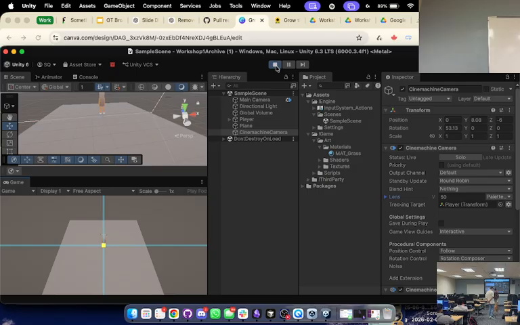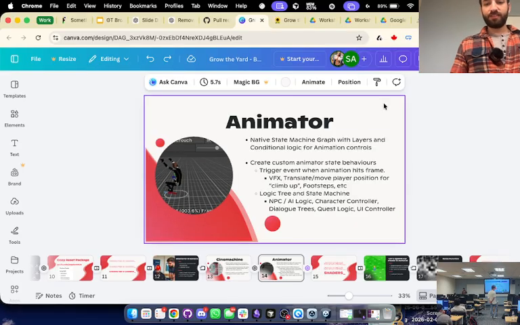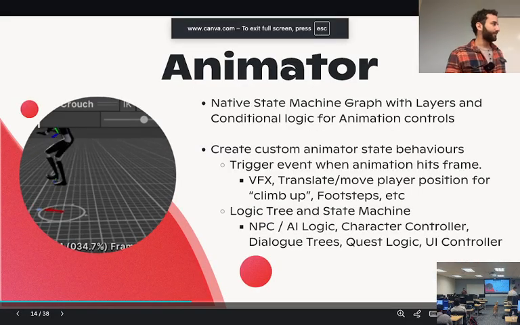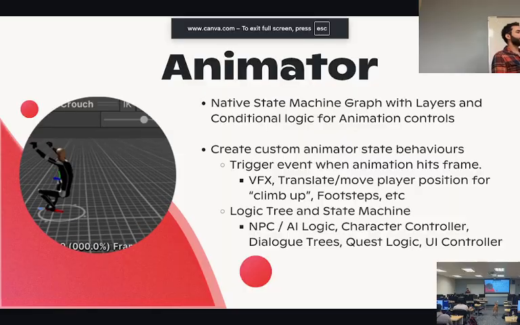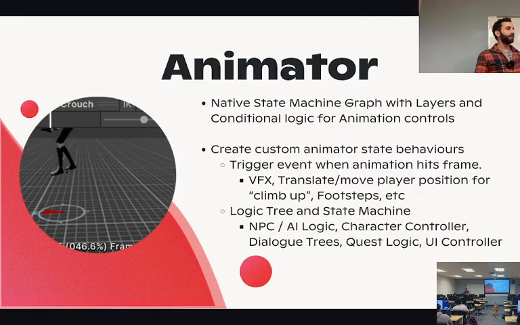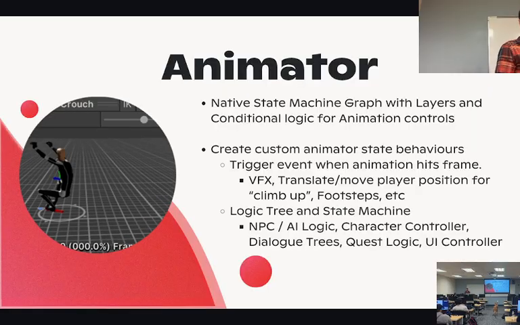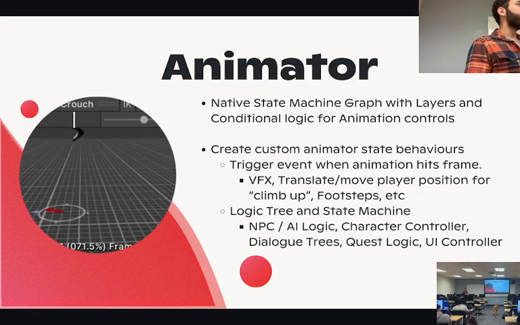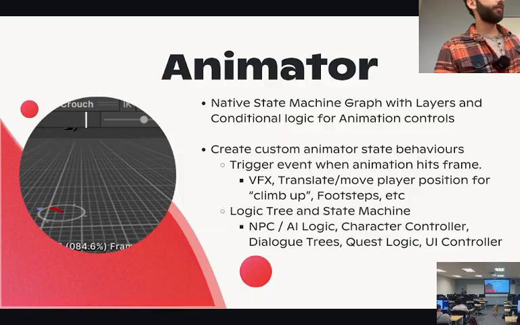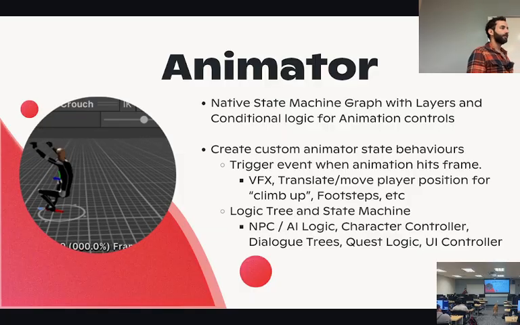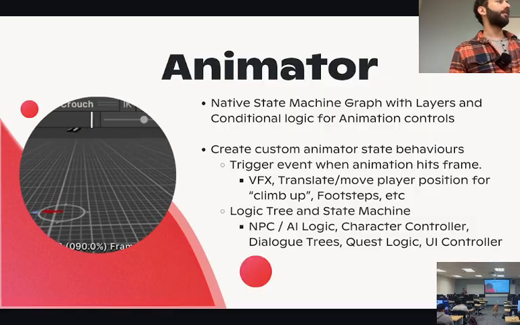Everybody? All right. Okay, so we can move on to the animations. All right, so the animator is Unity's process for implementing animations. You could actually just implement them directly through animation file references, but this is the most recommended way for dealing with other developers.